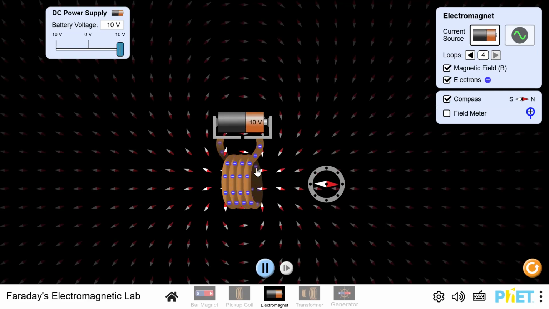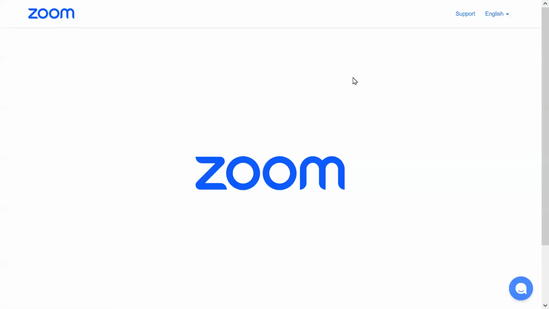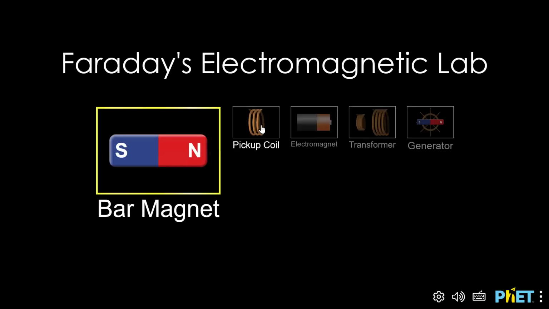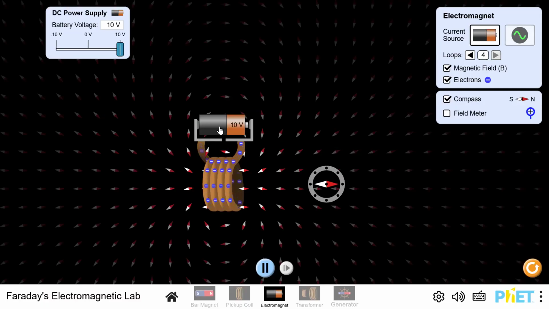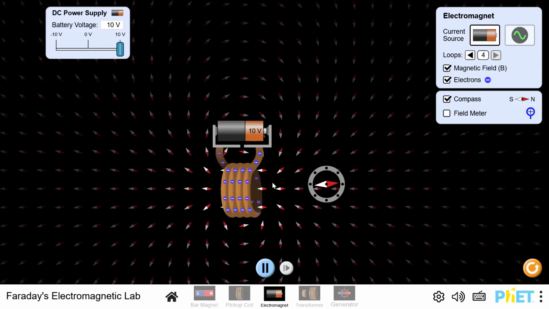When you have electrons conducting through a battery, it creates a magnetic field, which you can detect with a compass.